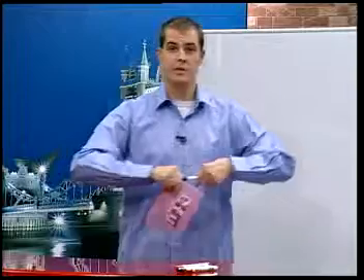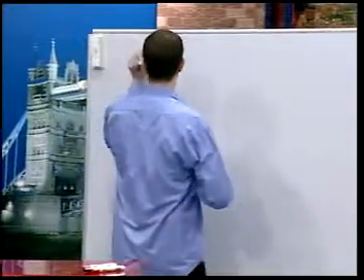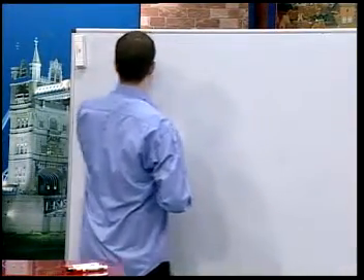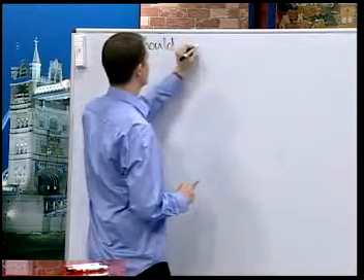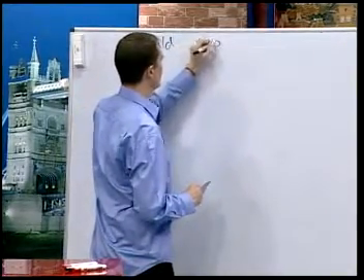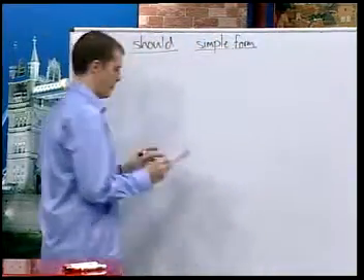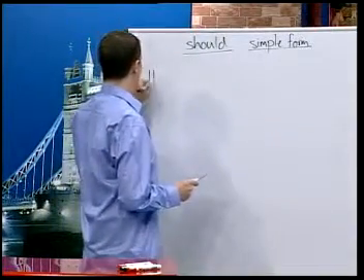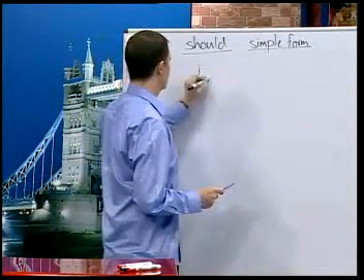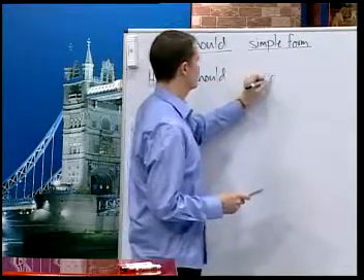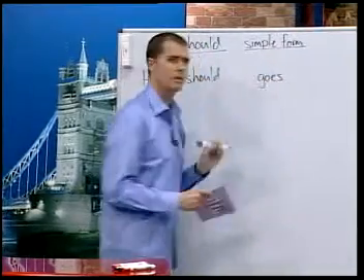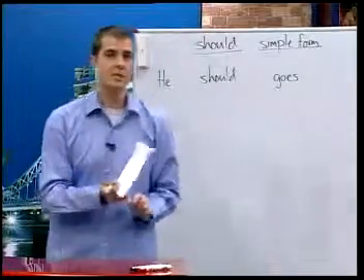Should means this is a good idea or this is good advice. Should is followed by the simple form of the verb, the same as can. We have should and simple form, just like can. Okay, so if we say he should goes, this is incorrect because it's not the simple form.